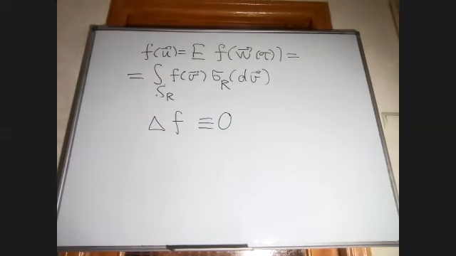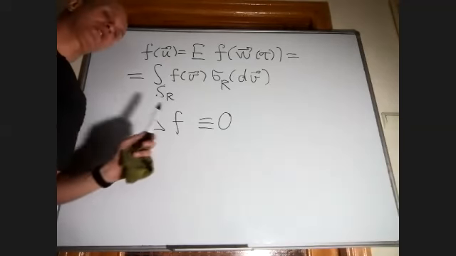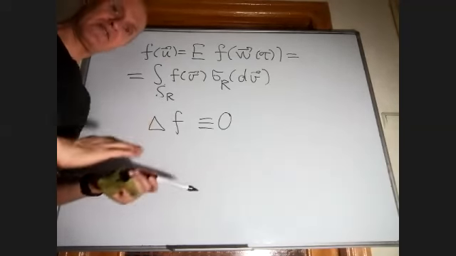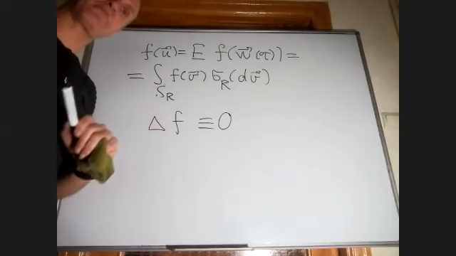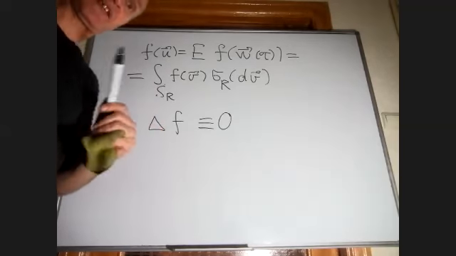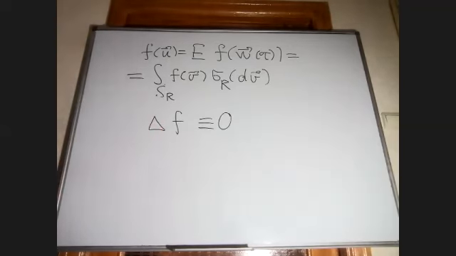So what we are going to do now is check what kind of harmonic functions we can have depending on the dimension. Maybe you understand that depending on the dimension, we have different families of harmonic functions.